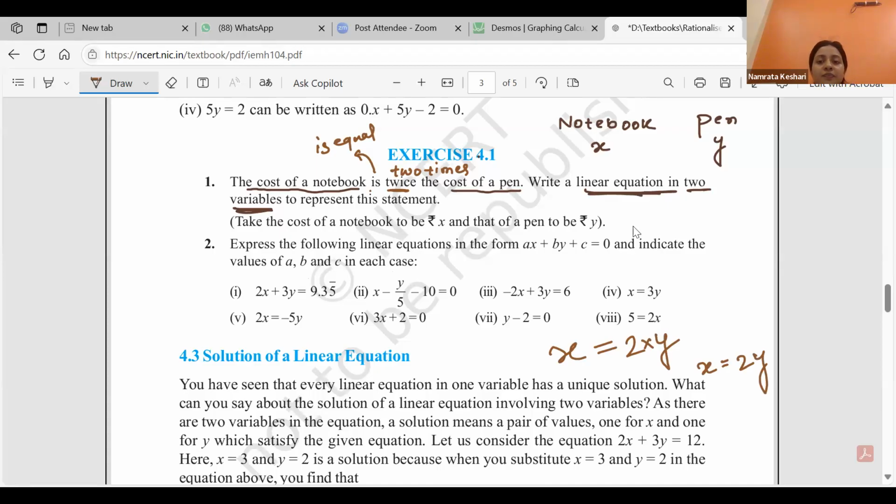Getting it? Yes, ma'am. In the last class we were discussing the equality sign, it is an equation. Are you able to see two variables? Yes. That means it is a linear equation in two variables. So we have created a linear equation in two variables, which was really simple.